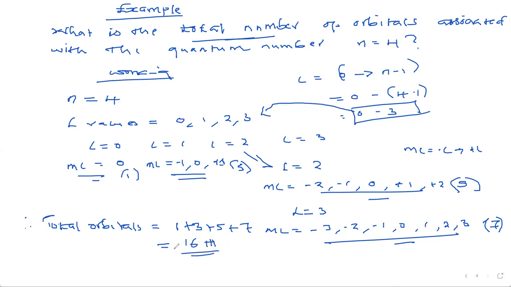That's how you get your values. Observe that all these orbitals have the same energy level, no matter how different they are. Of course, they are in different magnetic quantum number.